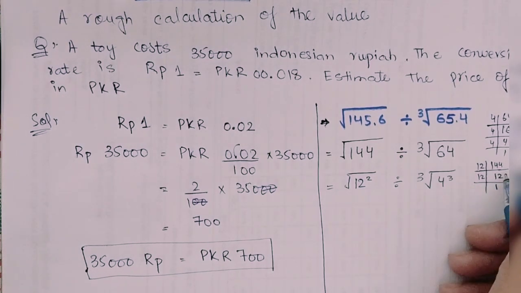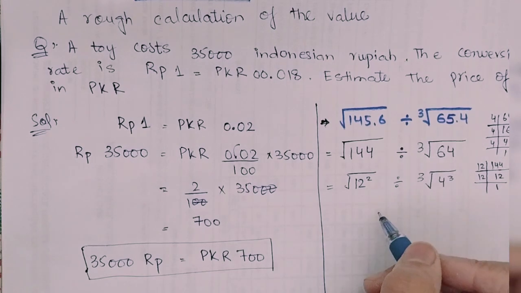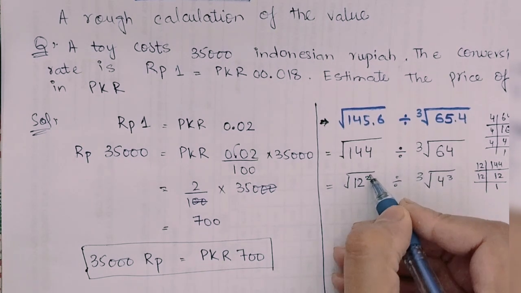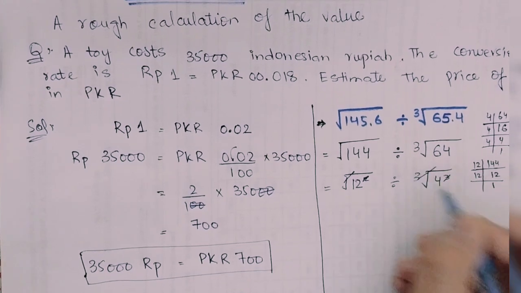So 12 squared is 144 and 4 cubed is 64. So I write both of them like this. Now the square is cancelled by the square root and the cube is cancelled by the cube root.